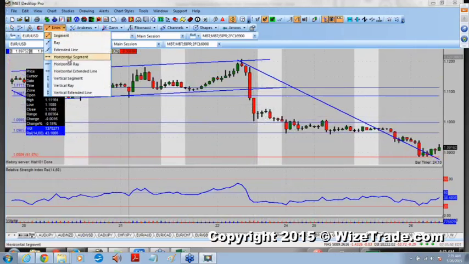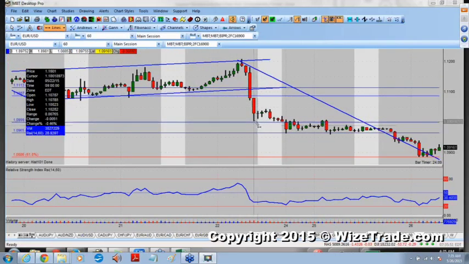So in my opinion, it'd probably be right here, okay? That spike low. You've got all these spike highs up here. And that comes in at 110.02, really?